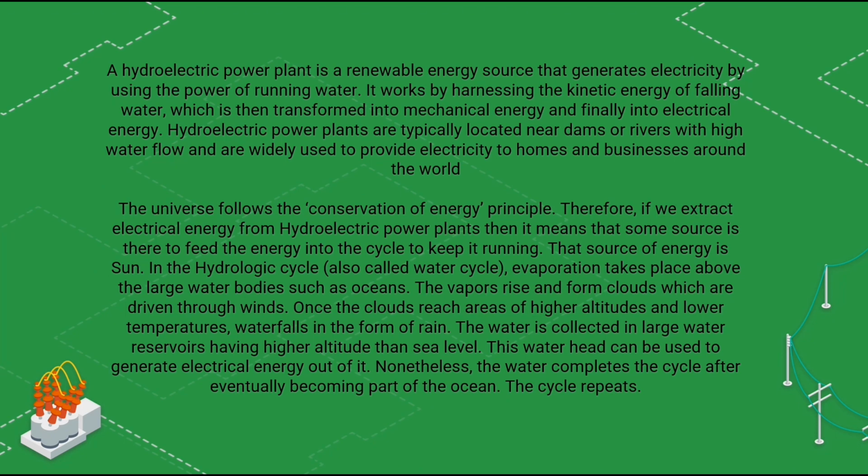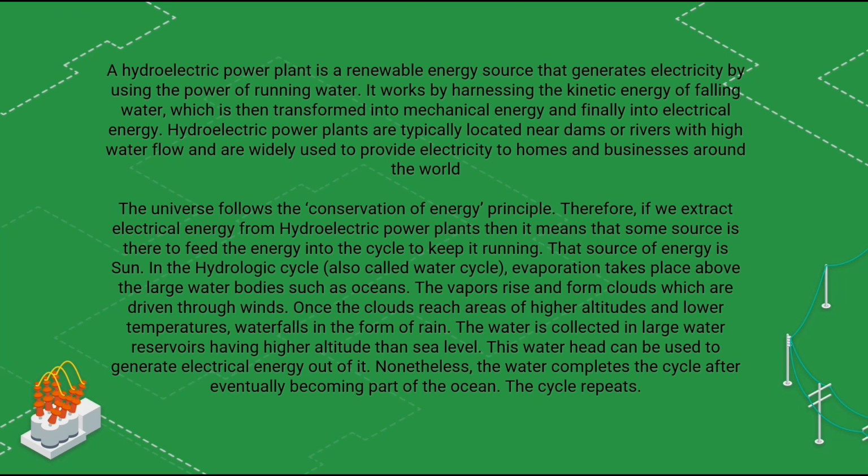Evaporation takes place above large water bodies such as oceans. The vapor rises and forms clouds which are driven by wind. Once the clouds reach an area of higher altitude and lower temperature, water falls in the form of rain.